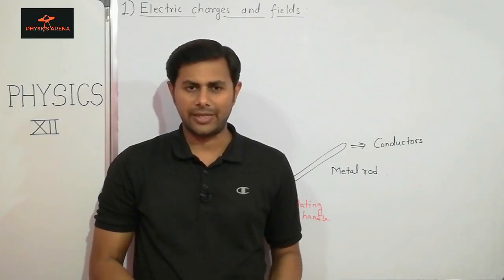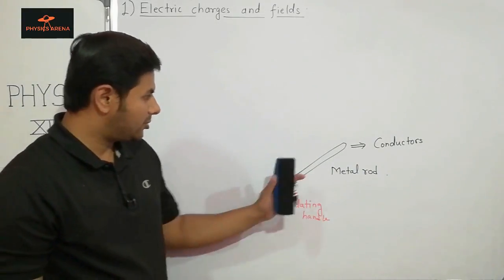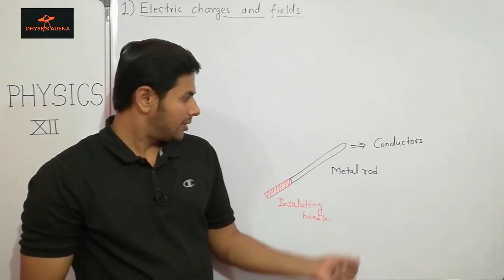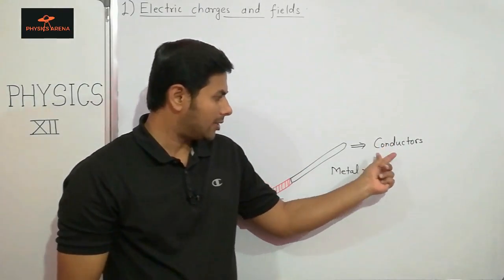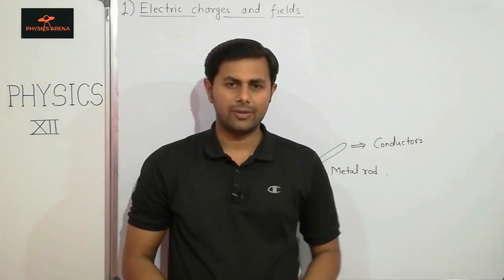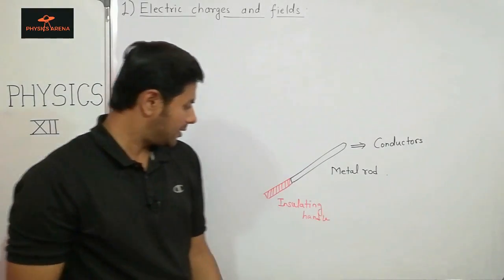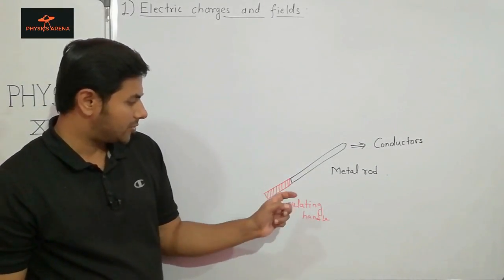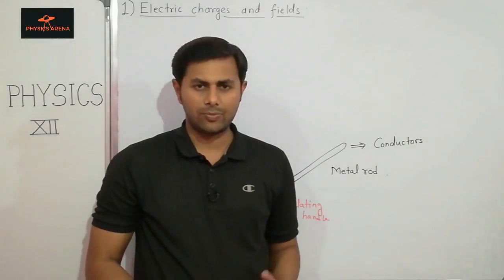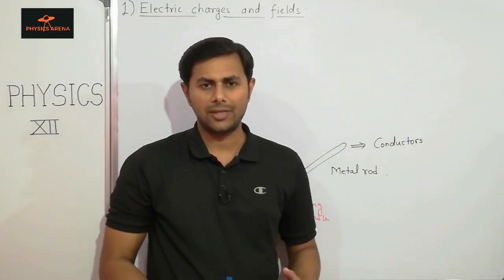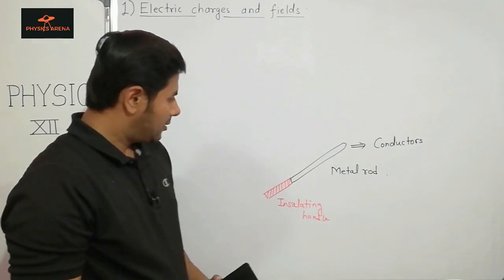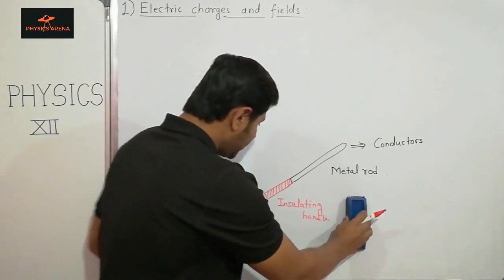Then we can do these experiments. So there are two types of substances. Substances which allow charges to flow through them are called conductors, and substances which do not allow charges to flow through them are called insulators.